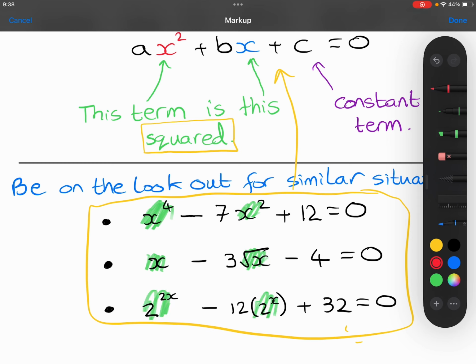If you can spot that, then you can say, well, t is this, therefore t squared is this. Then you can solve the quadratic and swap back at the end, double checking your answers.